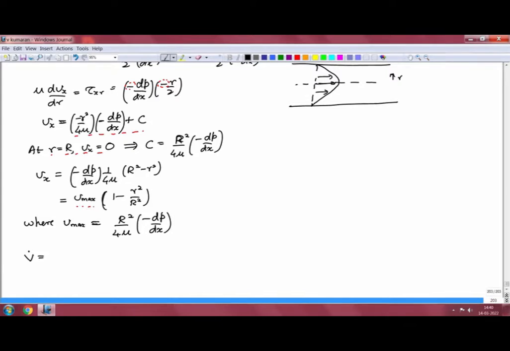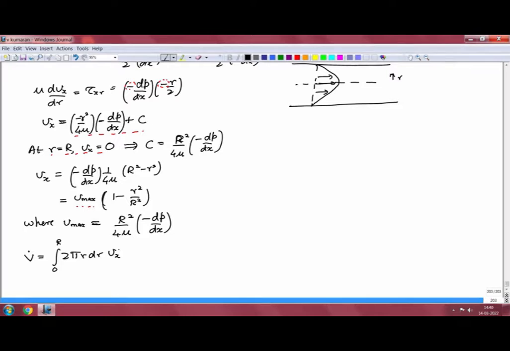This is equal to the integral over the pipe radius of 2 pi r dr times Vx.